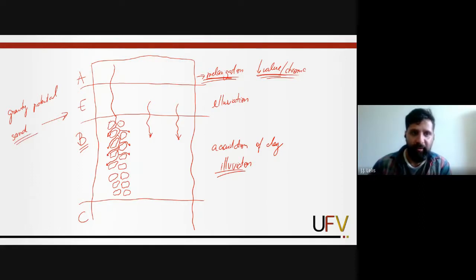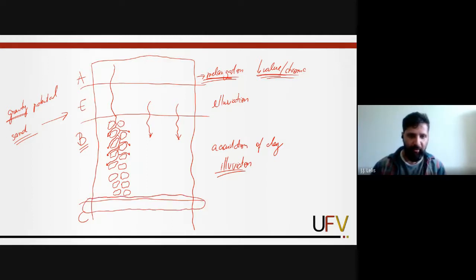So we have sandy horizons and a lot of gravity potential that induces the migration of water, okay? Here in the B horizon, the gravity potential is not so high. Generally, we have the tidal water here between B and C horizon.